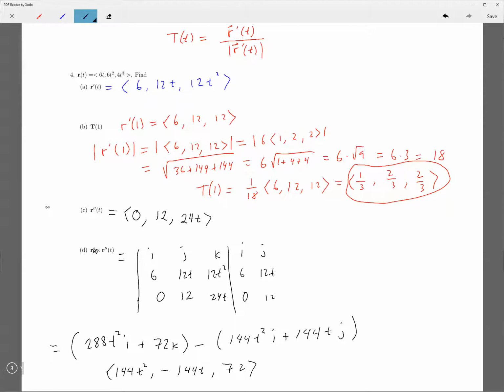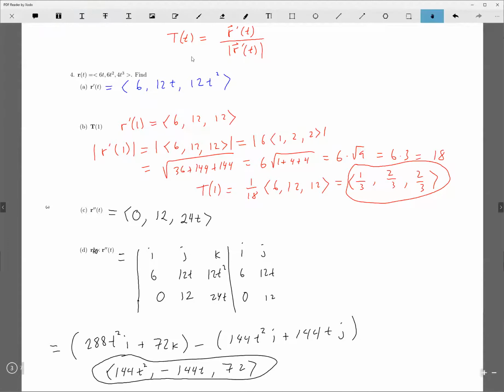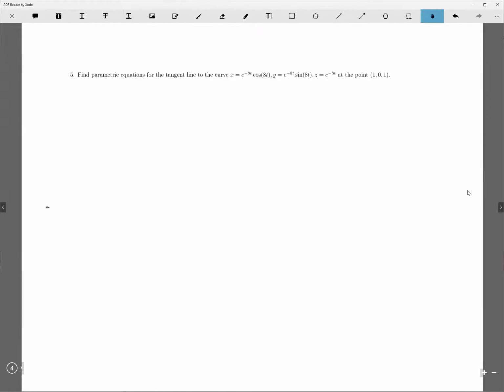Put that in as a vector with a vector bracket. That should work. Okay, so that's the final answer for that part. Yeah, so the thing to remember is the unit tangent vector.